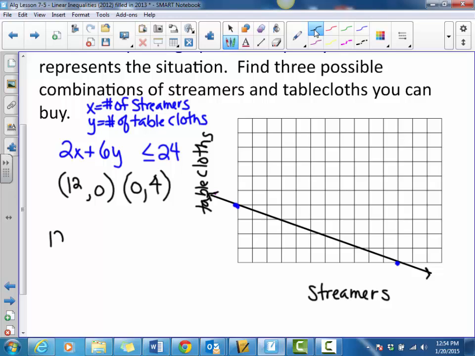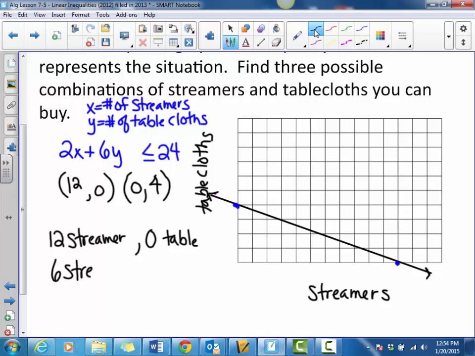The last part says to find 3 possible combinations of streamers and tablecloths. Well, I could buy 12 streamers, and if I do that, I have to buy 0 tablecloths. So that would work. What if I bought 6 streamers? How many tablecloths could I buy without going over? Buy 1.